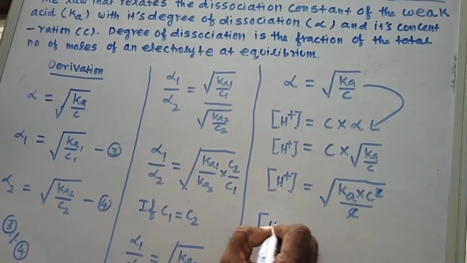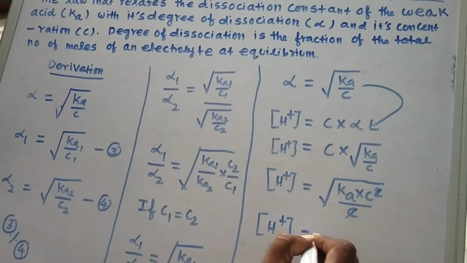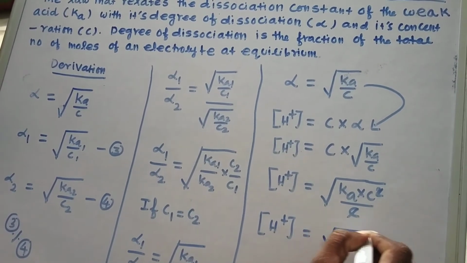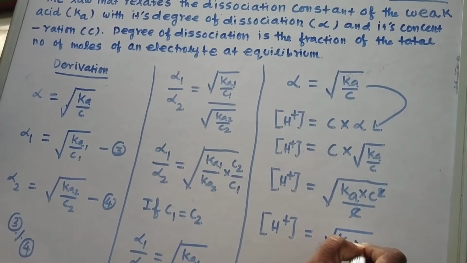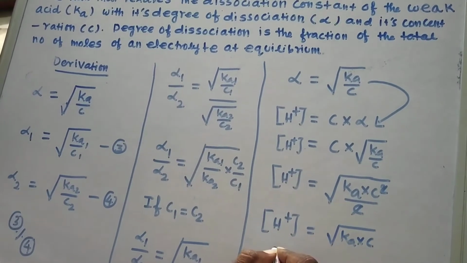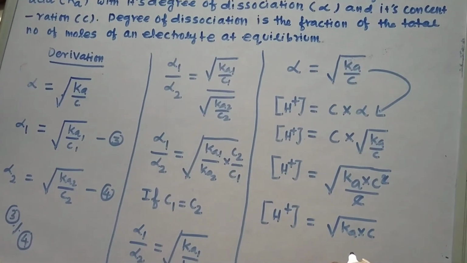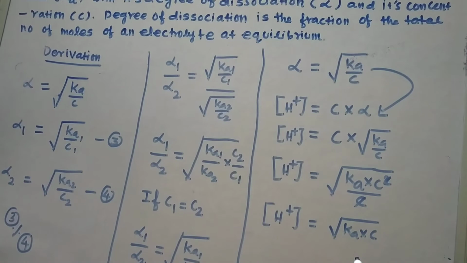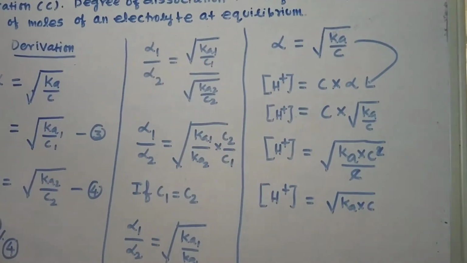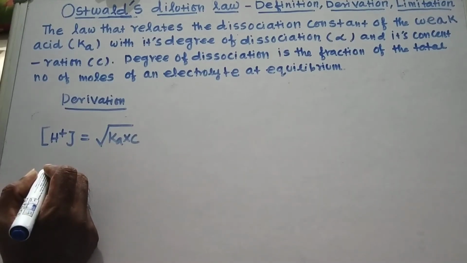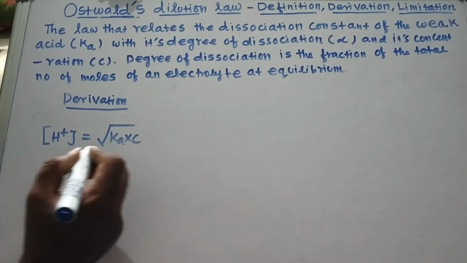Therefore concentration of H plus ion is equal to square root of Ka into C. This is another important derivation. Okay, now we are going to see the third case of the Ostwald dilution law.